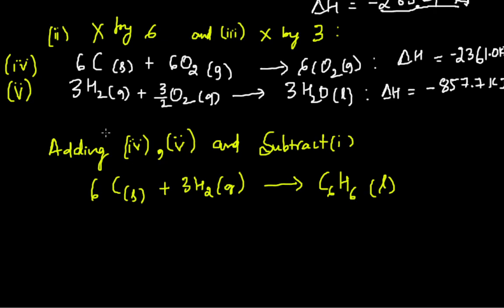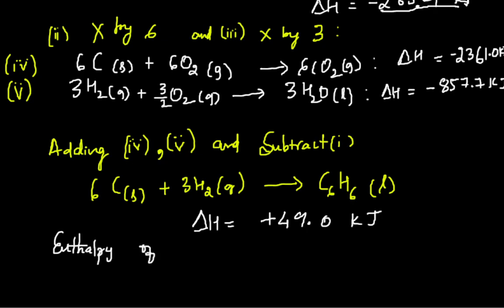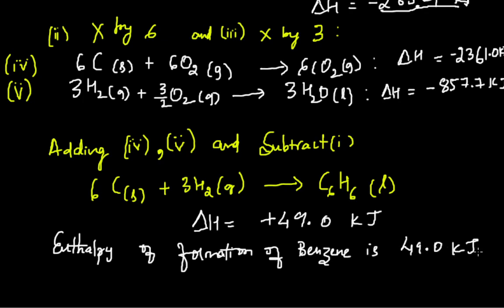This is just a prediction. We are just trying to predict the enthalpy of formation. That's all. If you do this, you will get a value in kilojoules, which means the enthalpy of formation of benzene is 49.0 kilojoules.